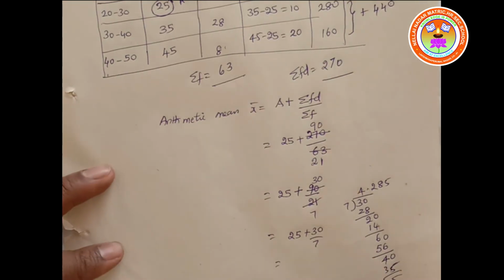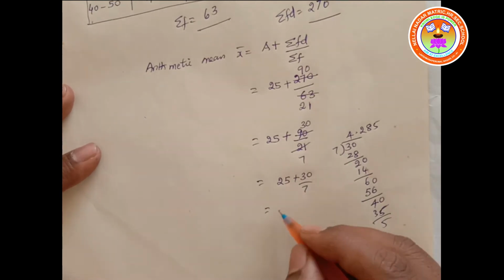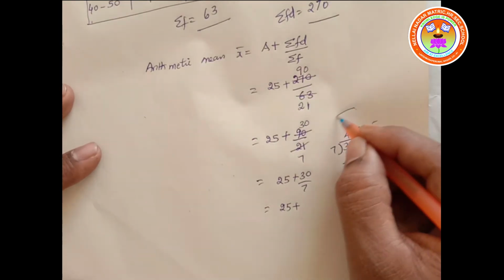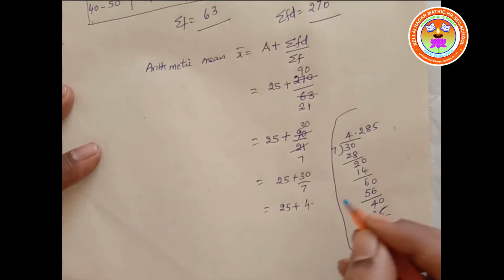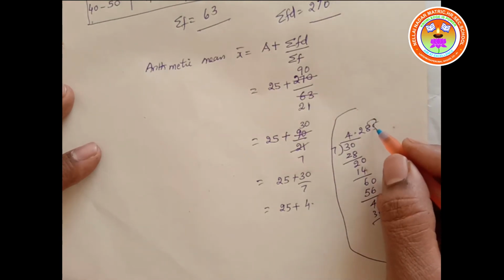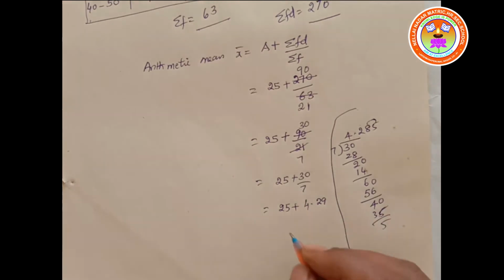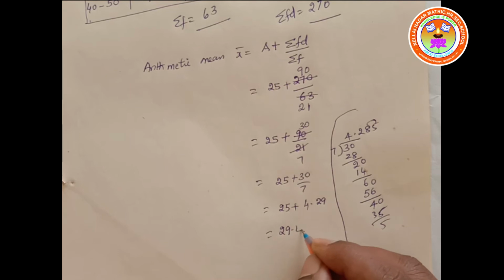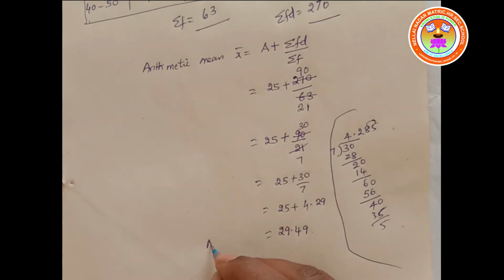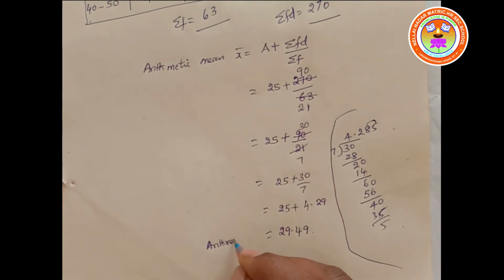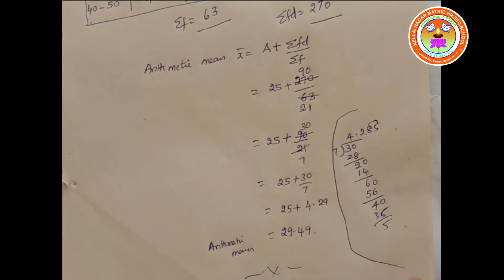That is 25 plus 4.29, which is equal to 29.29. This is the arithmetic mean using the assumed mean method. It's clear, children?